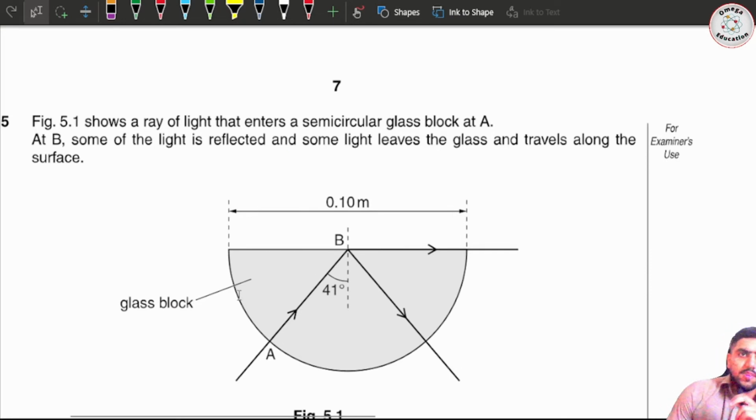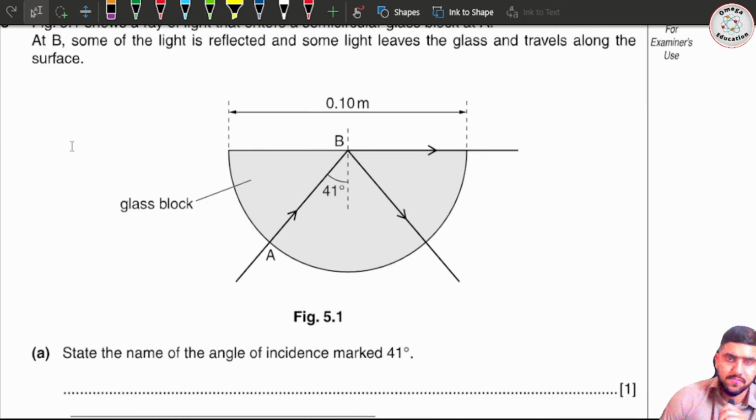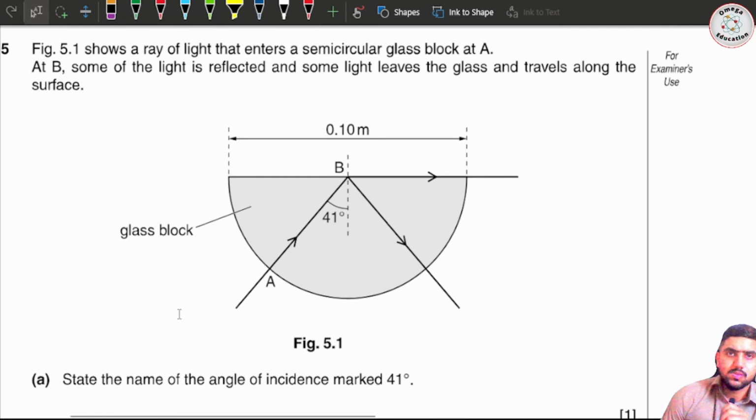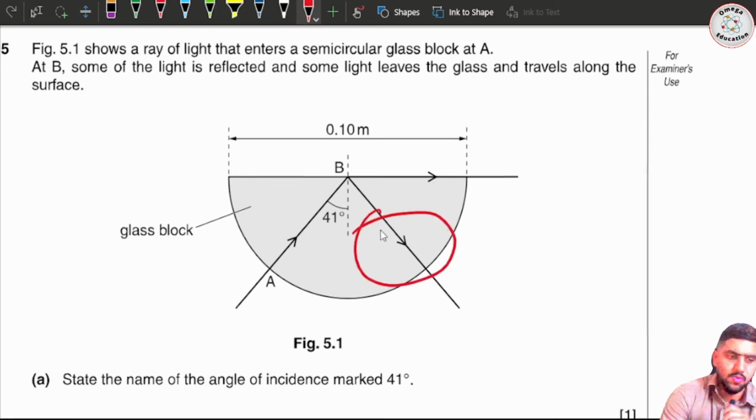Figure 5.1 shows a ray of light that enters a semicircular block at A. At B, some of the light is reflected, and some light leaves the glass and travels along the surface. What we can see right now is some of the light being reflected over here and a portion of light being refracted over here.